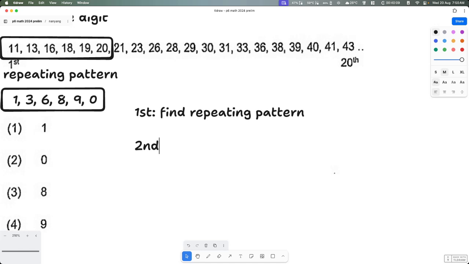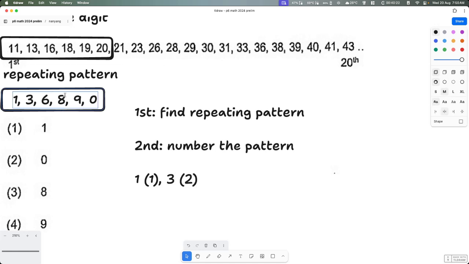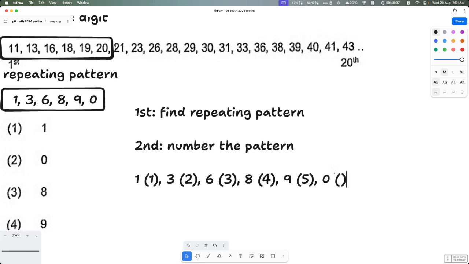Then second, number the pattern. So 1 over here is 1. Okay, 3 over here is 2. Let me just get everything here, easier. So 6 is 3, 8 is 4, 9 is 5, and 0 is 6.